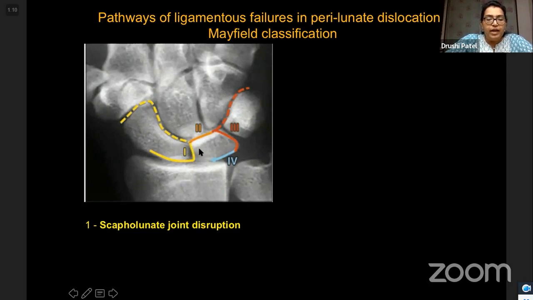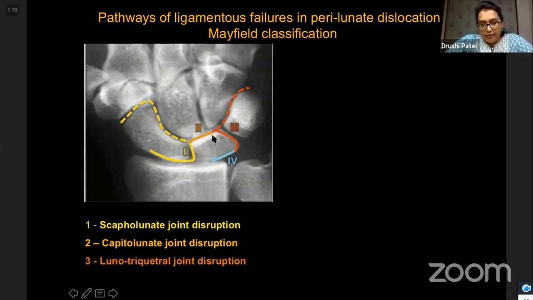So the first thing that happens is the scapholunate disruption. Okay. Later on, these forces are transferred across the capitolunate joint. So capitolunate disruption occurs. Then it is the lunotriquetral joint that is disrupted in the third stage of perilunate instability.